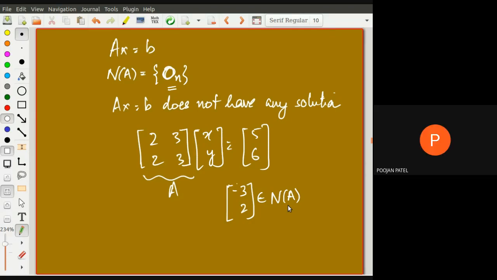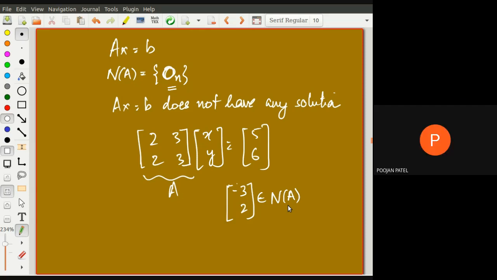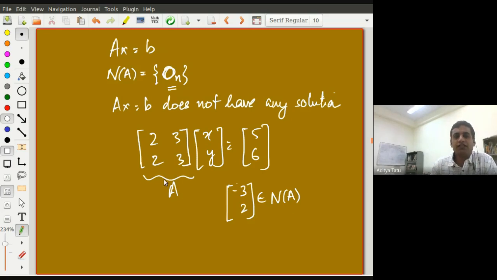Yes, sir, because multiplication gives 0. Okay. But I'm looking for the situation where the null space has only the zero vector and still Ax equals b does not have any solution. Is that possible?